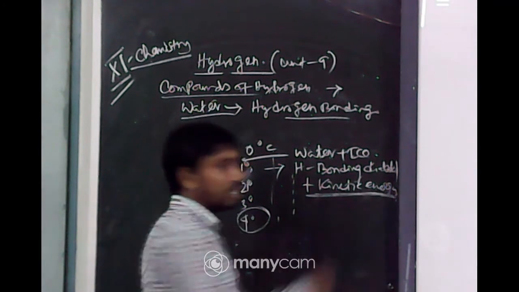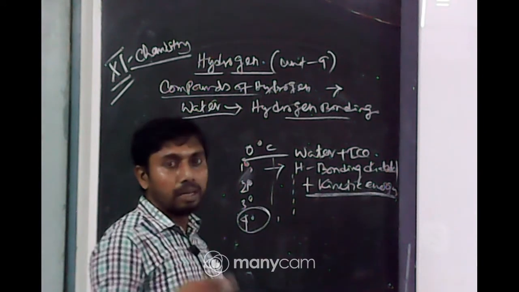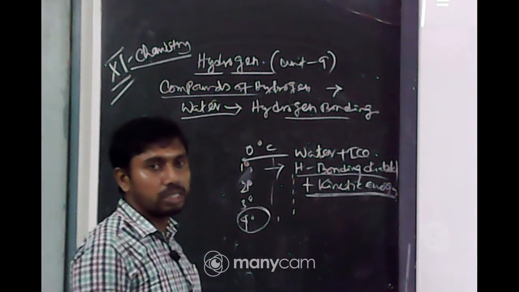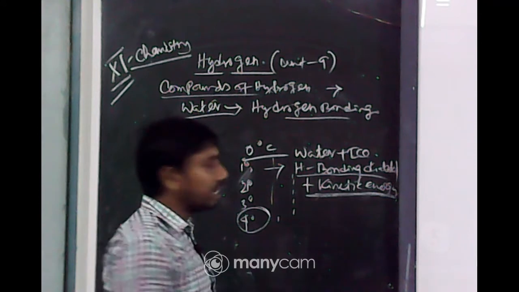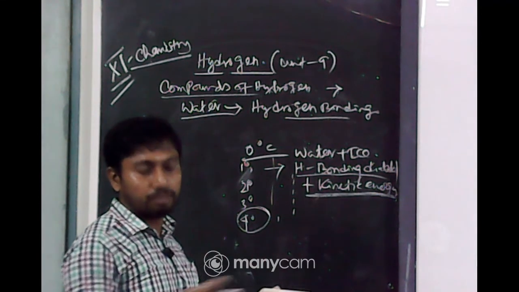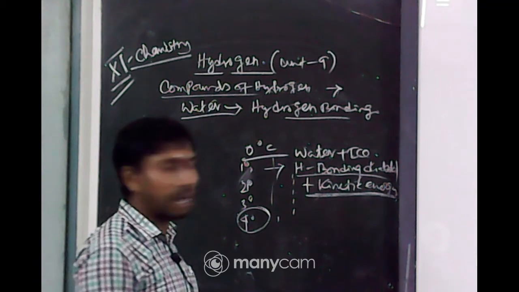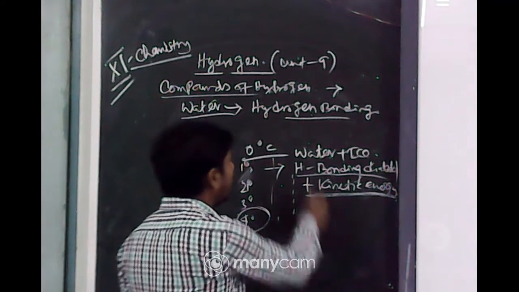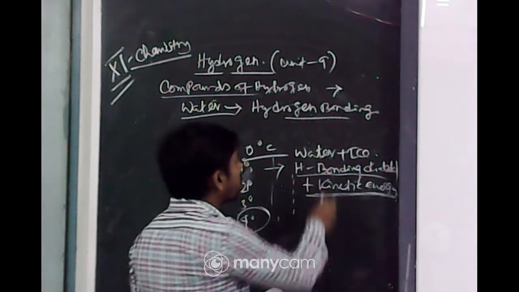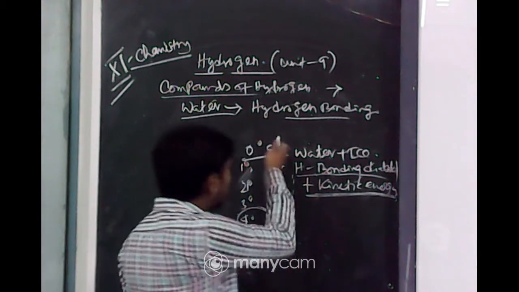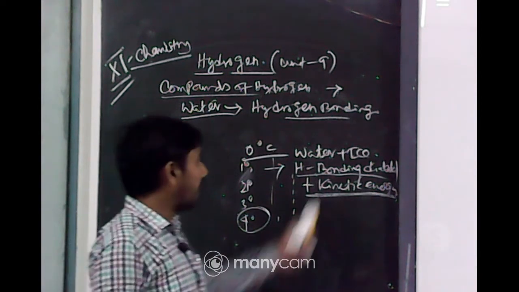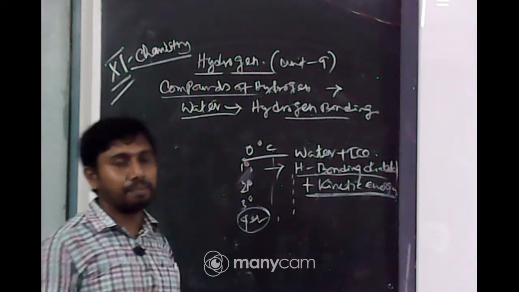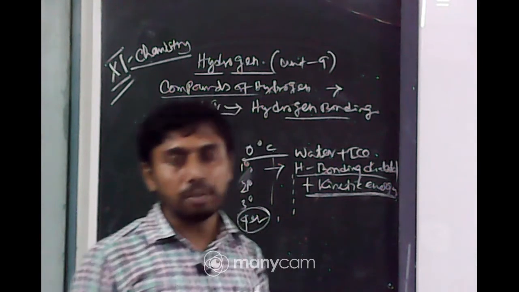The kinetic energy is not so high that it can overcome the hydrogen bonding which gathers the molecules, because kinetic energy repels the molecules, and we know that the kinetic energy for gases is higher, as it makes distance between the molecules, but hydrogen bonding can gather the molecules. So, up to this temperature range, hydrogen bonding is prominent and the kinetic energy is negligible, and for this reason 4 degrees is the temperature when the density of water is highest.